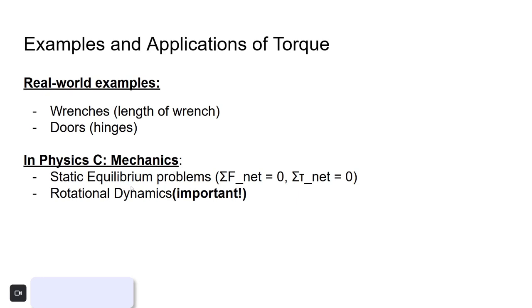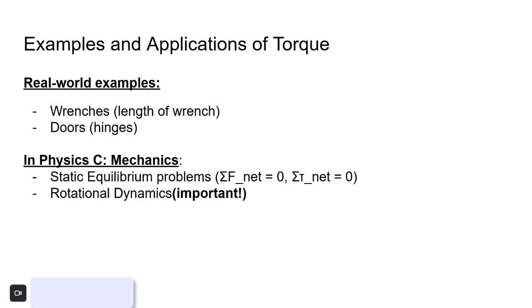First, static equilibrium problems. An object is in static equilibrium if it's not moving, meaning there's no translational motion, and it must also not be rotating. For this to happen, two conditions absolutely must be met. The net force acting on the object must be zero, meaning F net is zero.